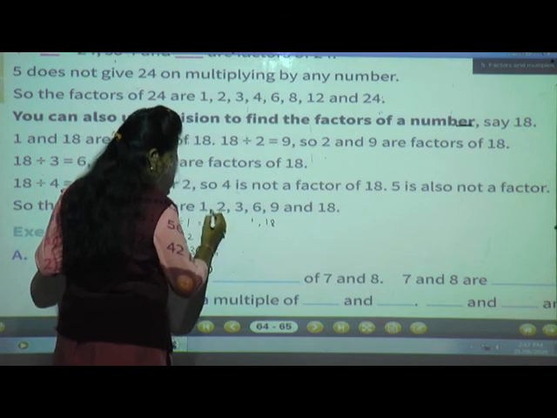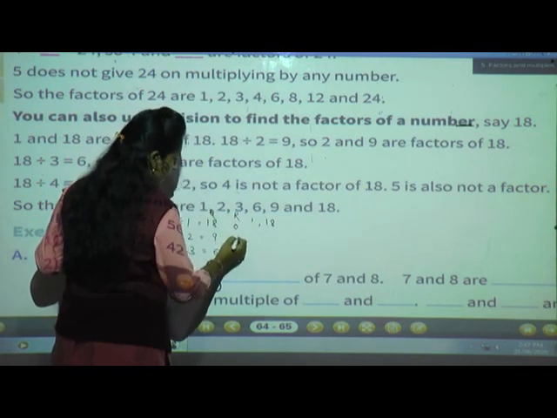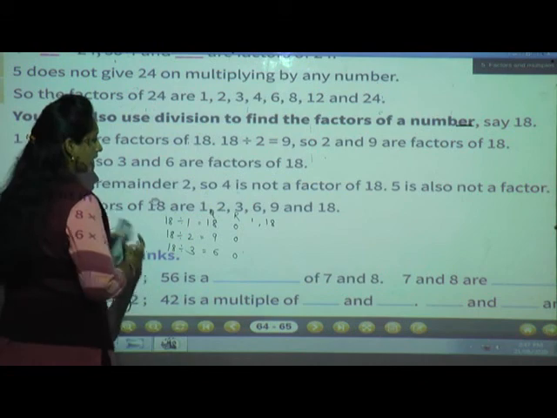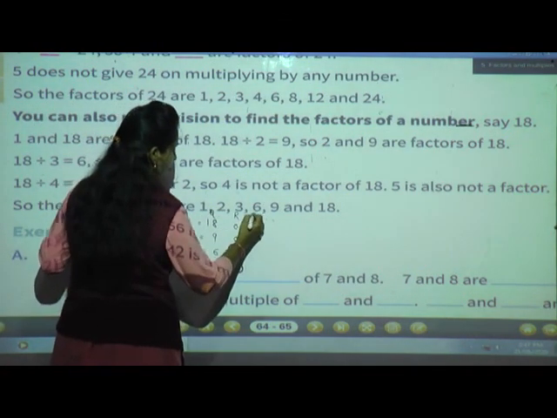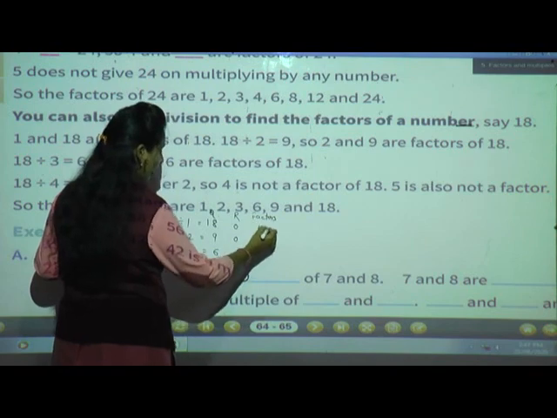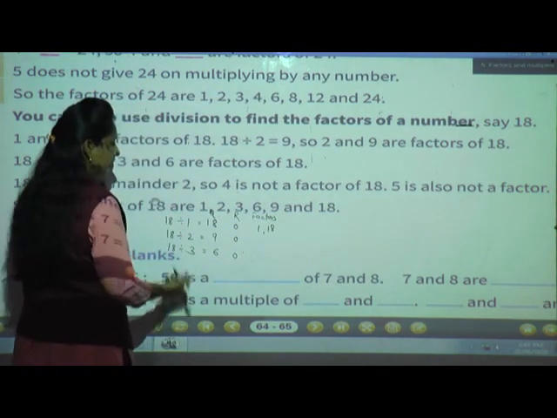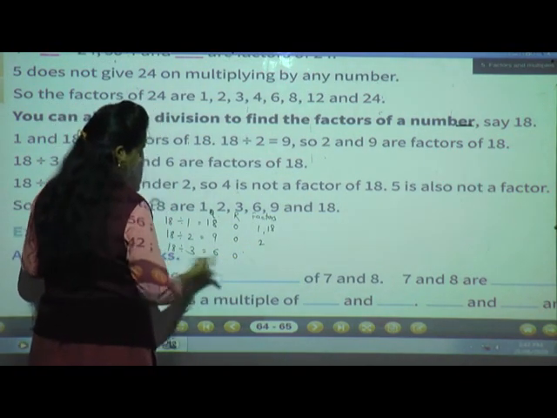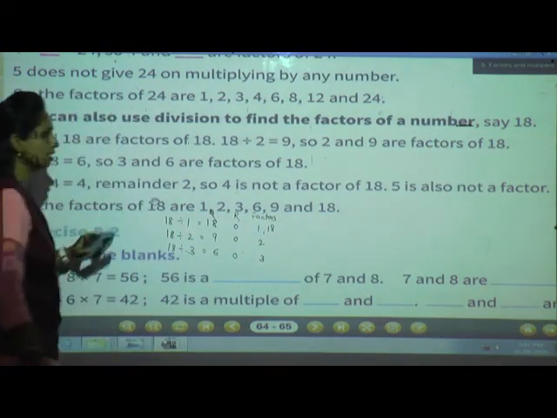This is the quotient, the remainder is 0. And here the factors: what are the factors? Here 1 and 18, and in this 2, in this 3, isn't it?